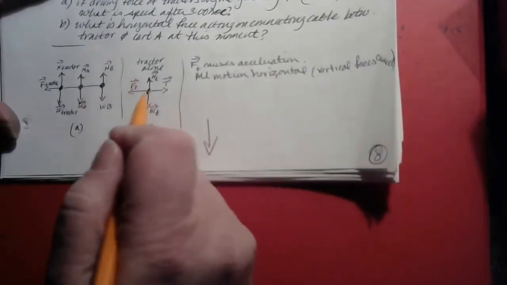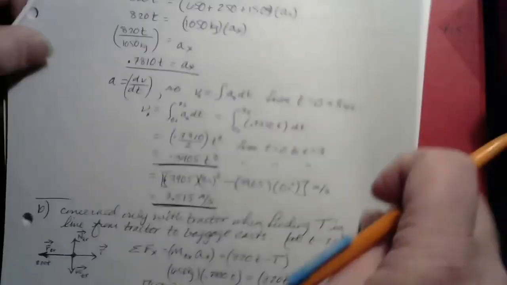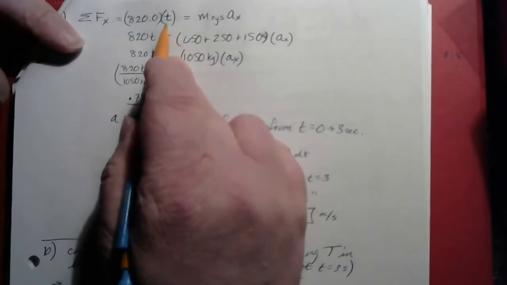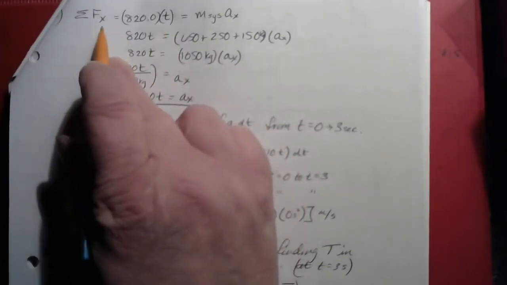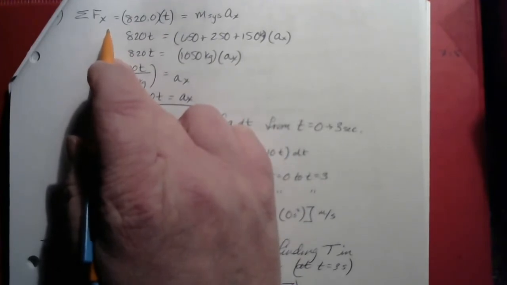We'll come back to this diagram for part B in a moment. For part A, if the equation for the forces on the tractor is given by 820 times t, that must be the summation of the forces in the X direction, because as we already saw, all of the forces in the Y direction cancel out.